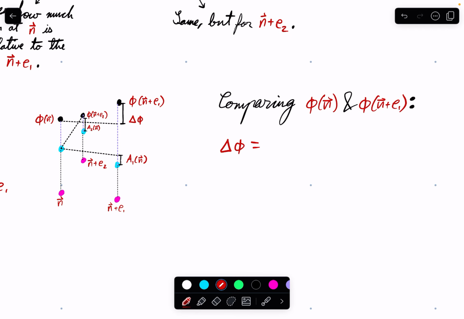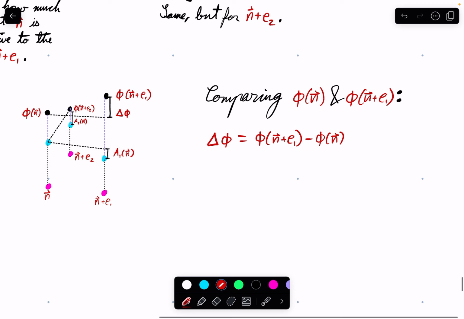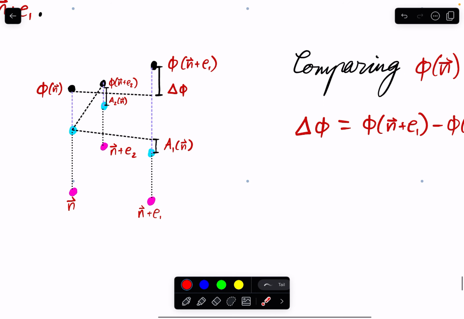So first off, we can subtract phi n from phi n plus e1. So it looks like this. We have phi of n plus e1 minus phi of n, and then taking this away from here will actually give this value, but shifted by this.